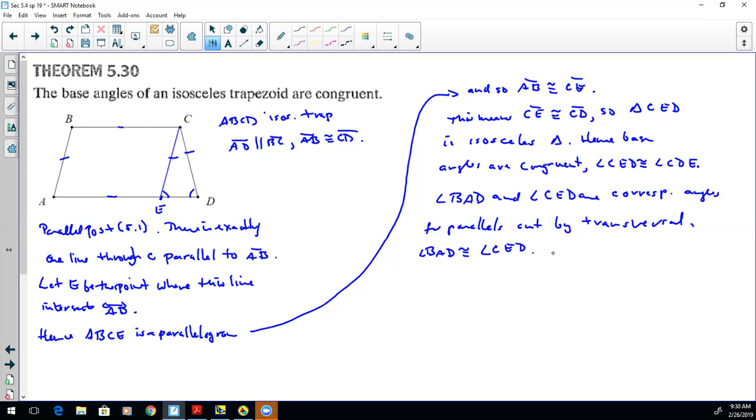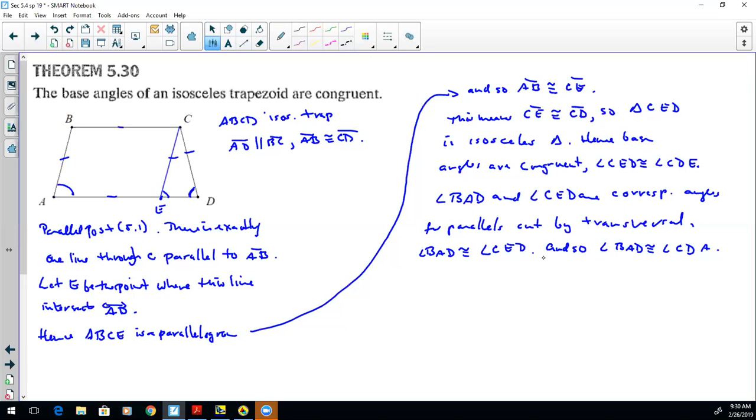So by the transitive property, angle BAD is congruent to angle CDE, which is the same thing as CDA. And we're done. This angle is congruent to this angle.